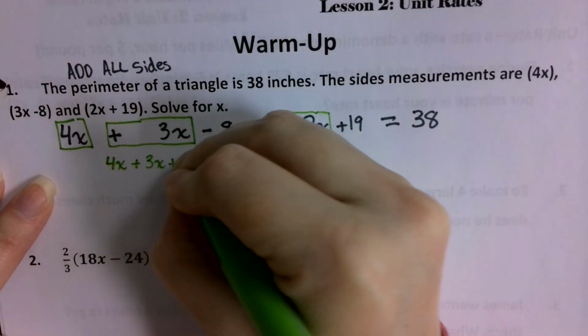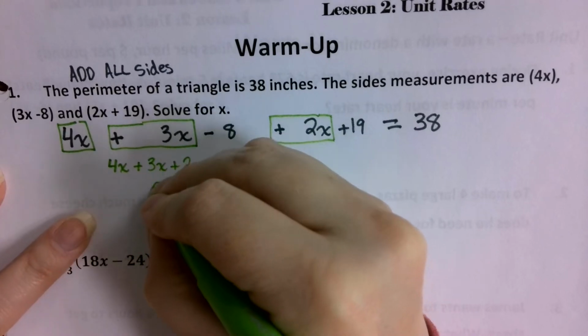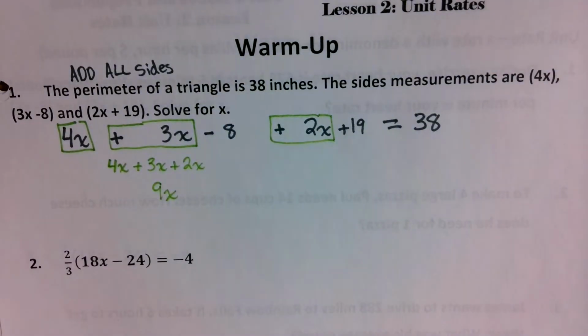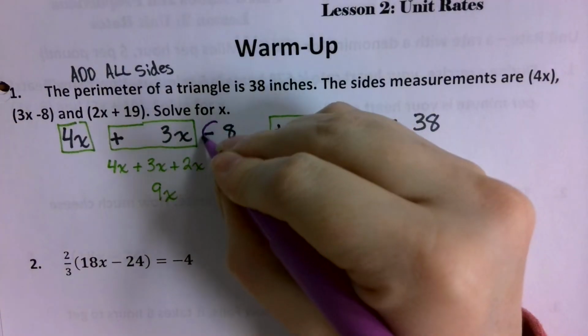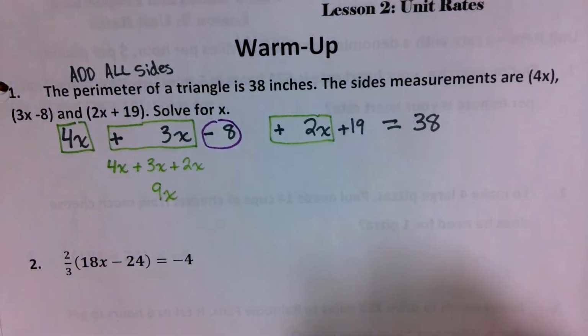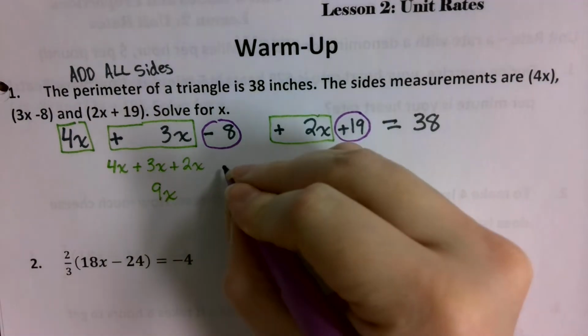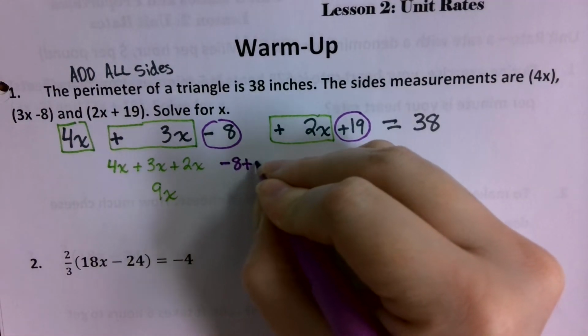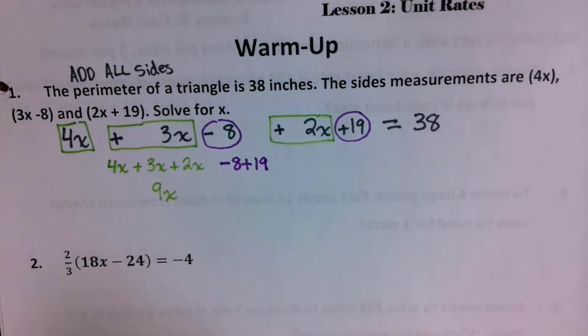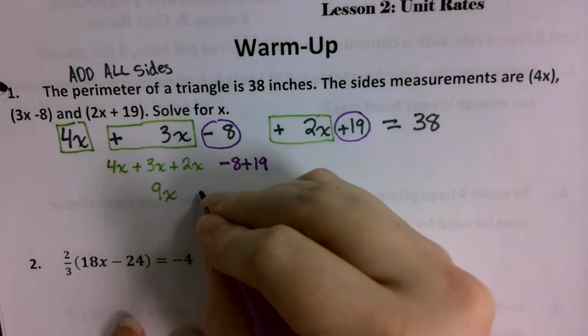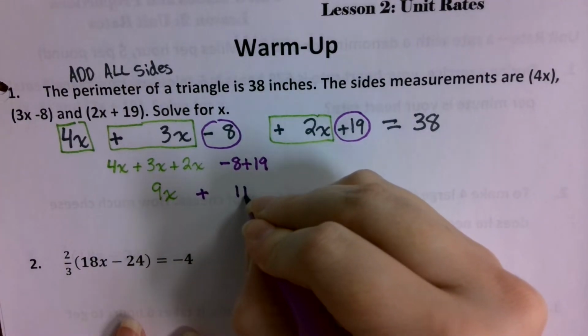That gives us 9x. Then we've got a negative 8 and a positive 19. What does that come out to? Positive 11.